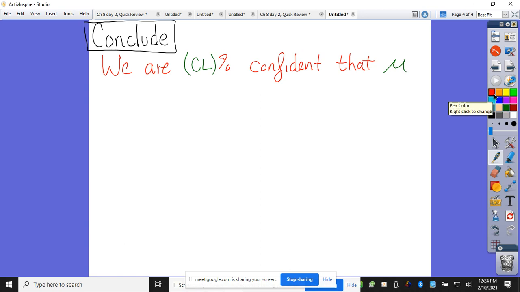That one is mu right now, which is the true mean. Again, just for this sheet, we're dealing with a mean. In context. And then falls between our lower and our upper.